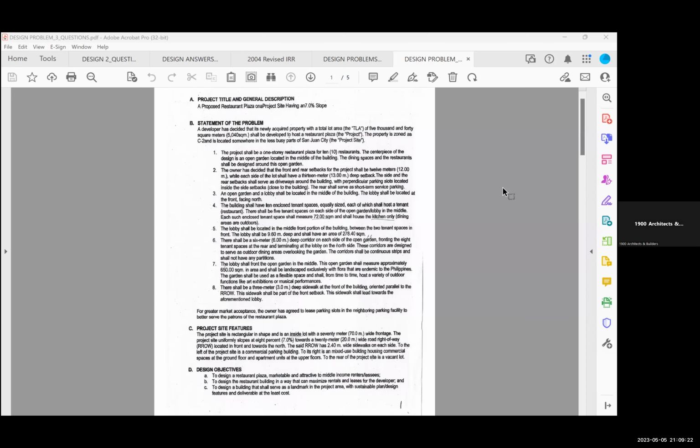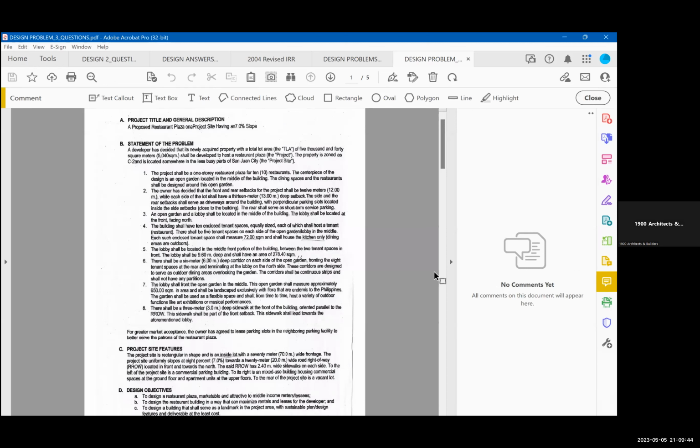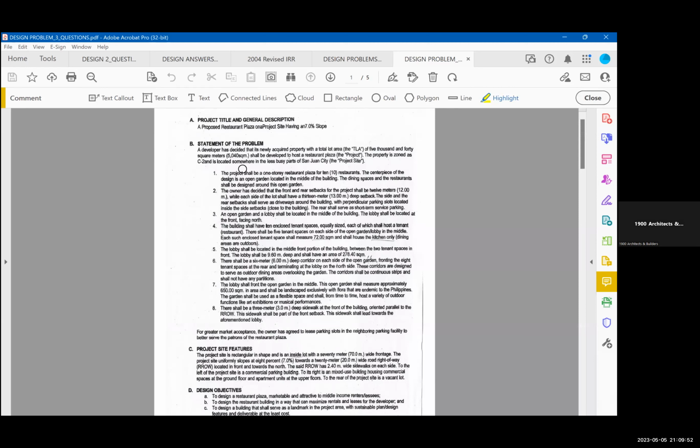The project title is a proposed restaurant plaza on a project site having a 7% slope. Okay, letter B. The statement of the problem. A developer has decided that its newly acquired property with a total lot area, the TLA, of 5,040 square meters shall be developed to host a restaurant plaza.